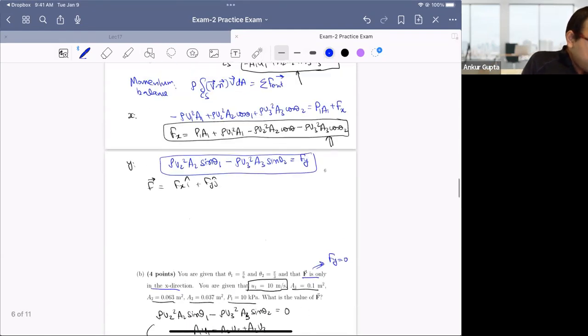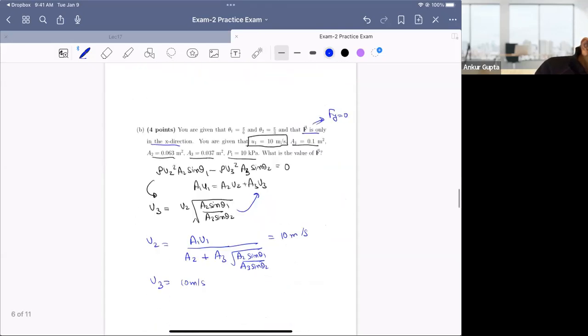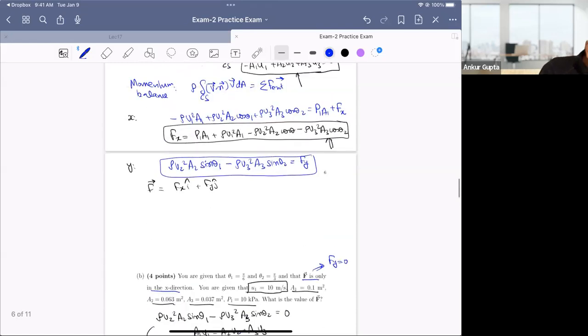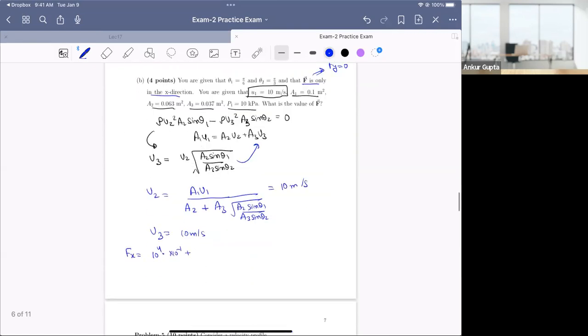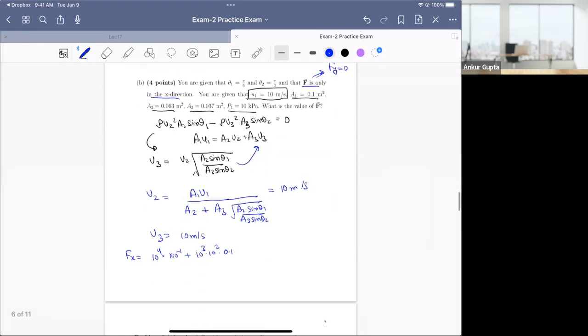And now we can plug this back into the formula. So we have fx is equal to p1 A1, so 10 to the power of 4 into A1, which is 10 to the power of -1, plus rho U1 square A1, so 1000 times U1 square, which is 10 to the power of 2, times A1, which is 0.1, minus rho U2 square A2 cos theta.